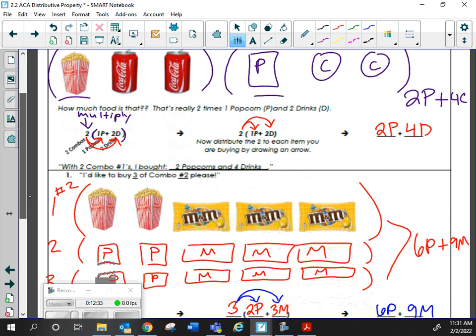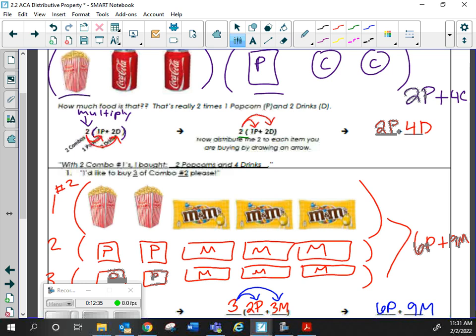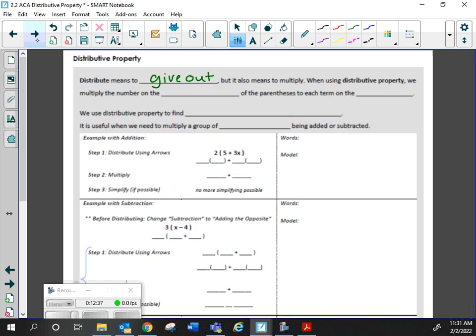I multiply the number on the outside with everything on the inside. The term on the outside tells you how many groups to each term on the inside. Okay, you're writing with me? Yeah. Outside of the parentheses to each one on the inside.